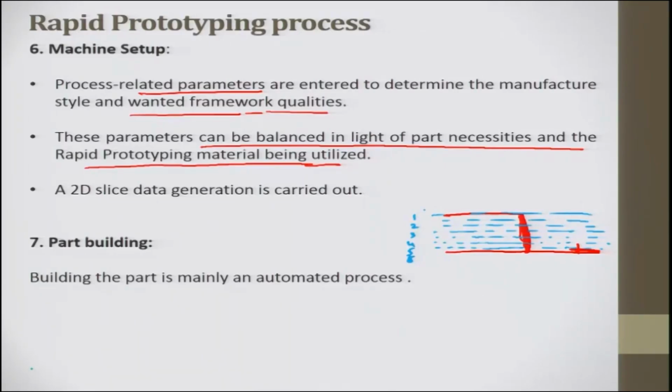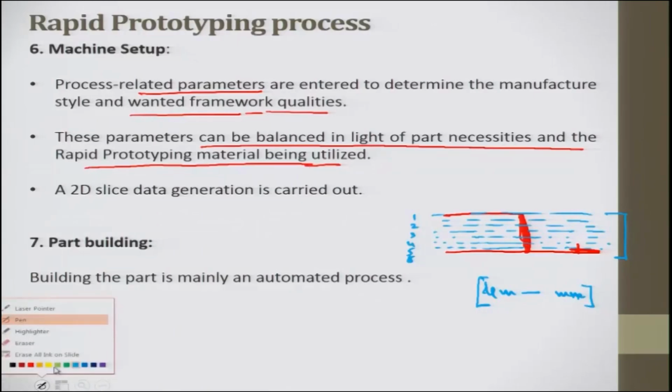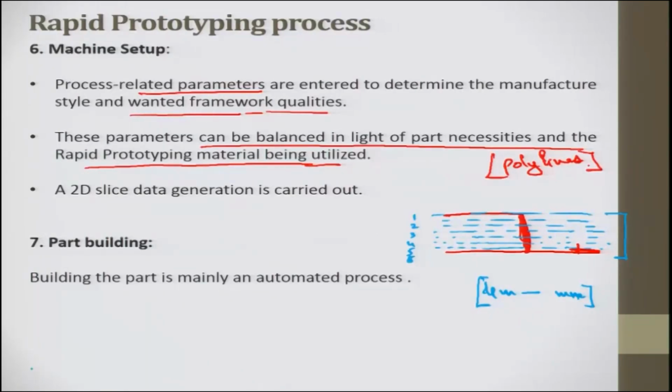However, the size of the layer starts from a few micrometers to a few millimeters only. So the STL document here is cut to create progressive cross-sectional layers. In each cross section, polylines are utilized to express the outside and inside boundaries of the rapid prototyping models.